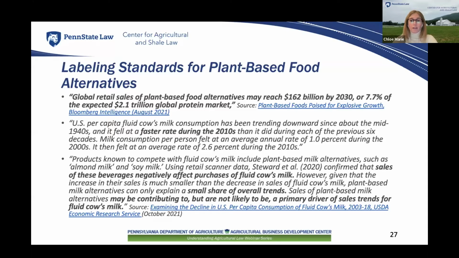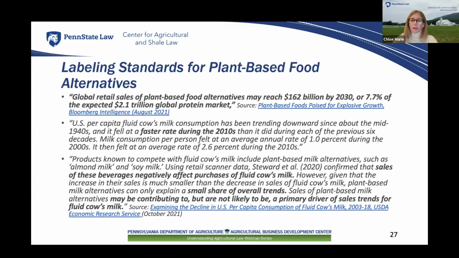Now, the FDA has not yet done this for plant-based food and beverage alternatives. However, it provided in February 2023 draft labeling recommendations for plant-based milk alternatives to inform consumers, and also announced in July 2023 that it was considering working on some draft guidance for the labeling of plant-based meat alternatives.